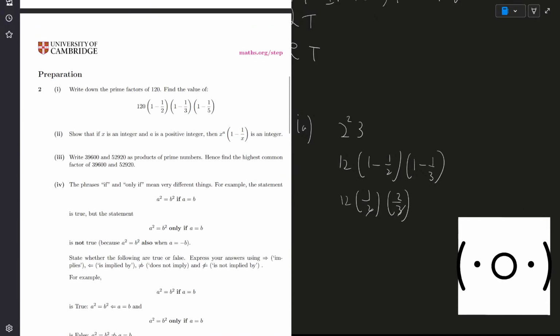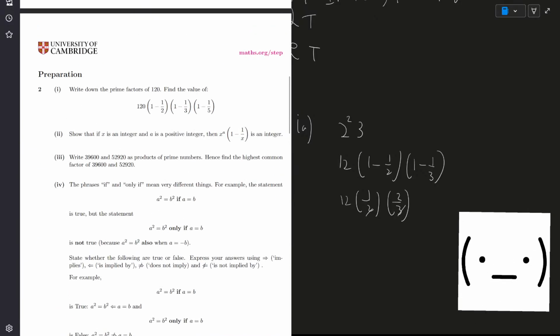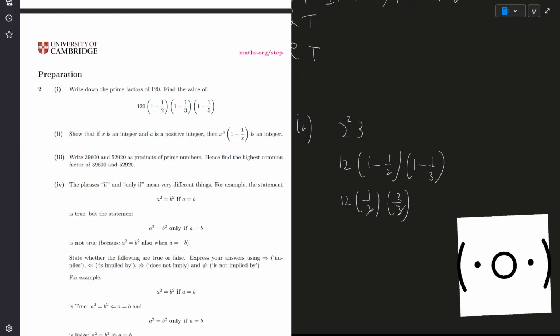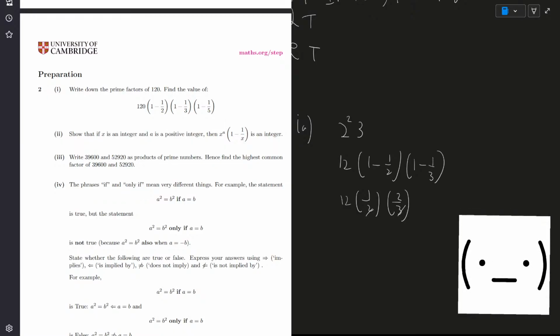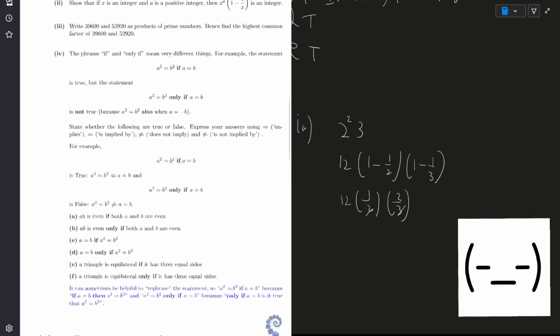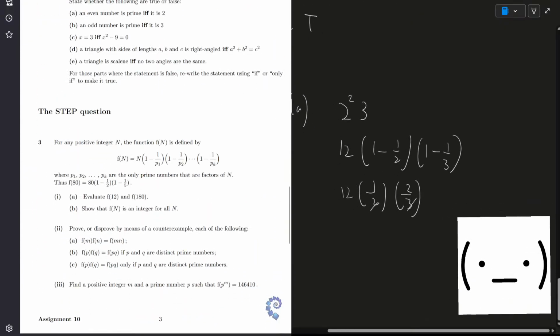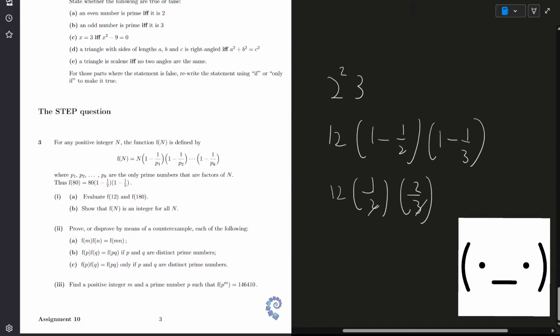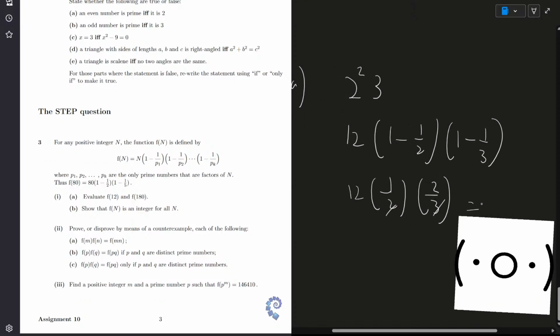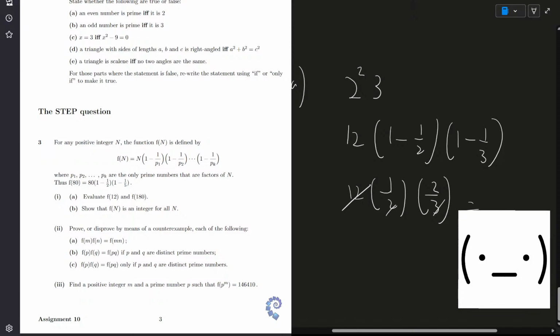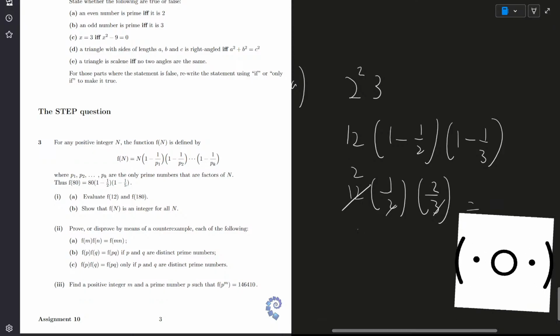Okay, well, let's ignore that. Let's see. Yeah, so this is just equal to 4, 2. So yeah, this is 4.